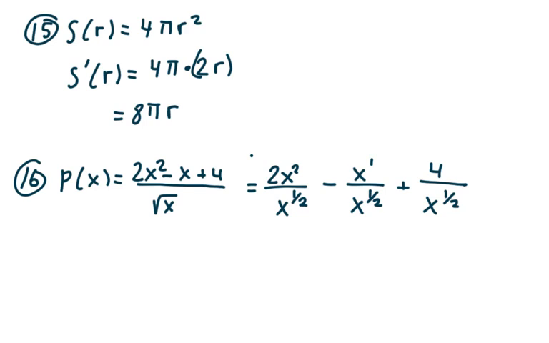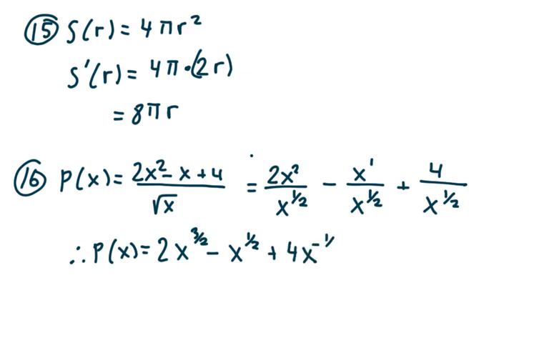So when we see a fraction like that, we want to think split it up. And so therefore, P of x is 2x to the 3 halves minus x to the 1 half plus 4x to the negative 1 half.